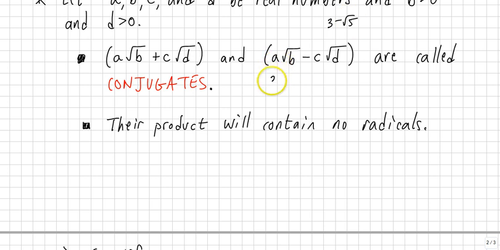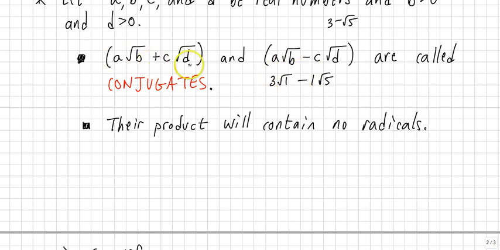That would mean we'd have 3 times the square root of 1 minus 1 times the square root of 5, because 3 times the square root of 1 is 3, and then 1 times the square root of 5 is negative square root of 5. So this is what I currently have.